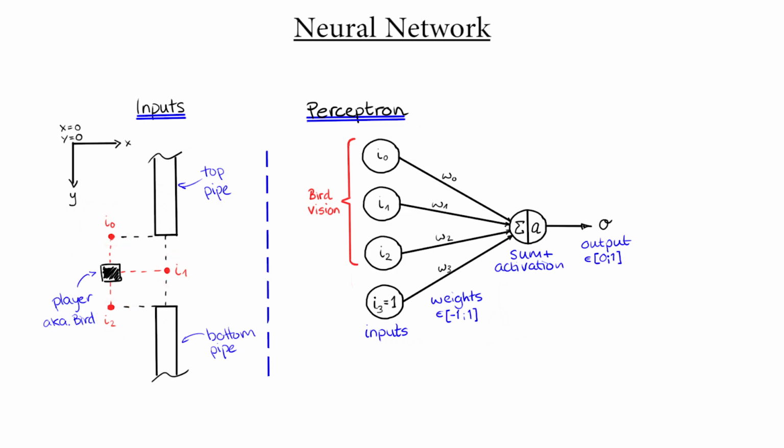In addition to the bird's vision, so the inputs I0, I1, and I2, there is going to be one final input, I3, which is going to be the bias node, and its value is always going to be equal to 1. The input nodes that you can see on the diagram are going to be connected to one output node that generates the output value.